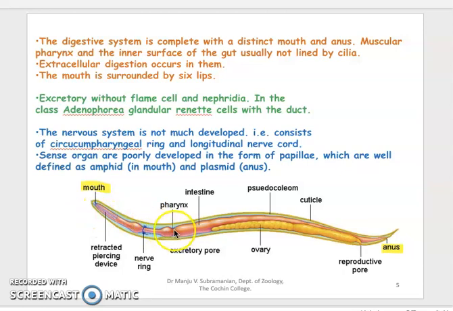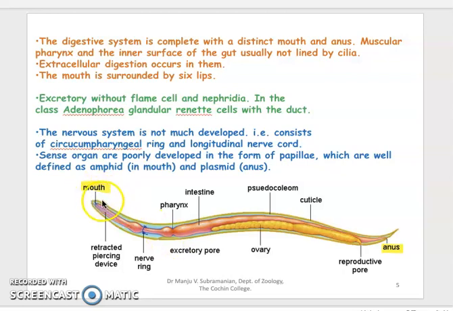This is a muscular pharynx. This pharynx and the inner surface of the gut, this portion, the gut, is not lined by cilia. Then extracellular digestion occurs in them, so the digestion takes place outside the cell.